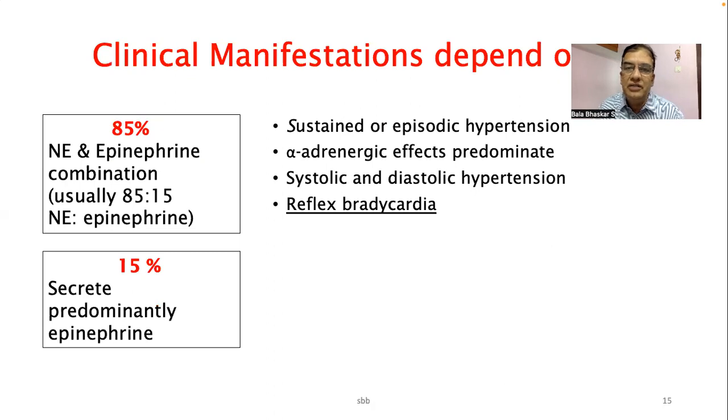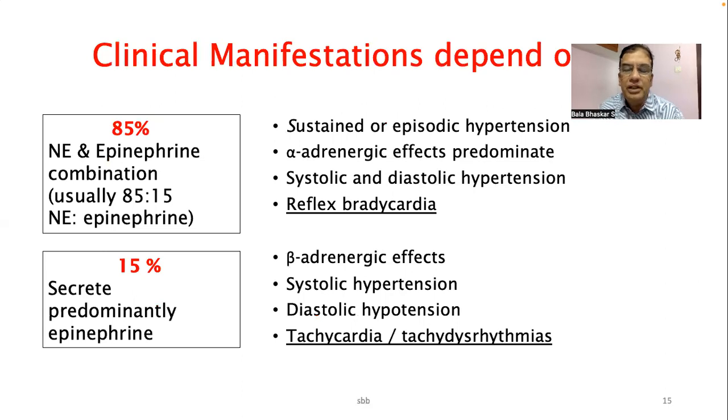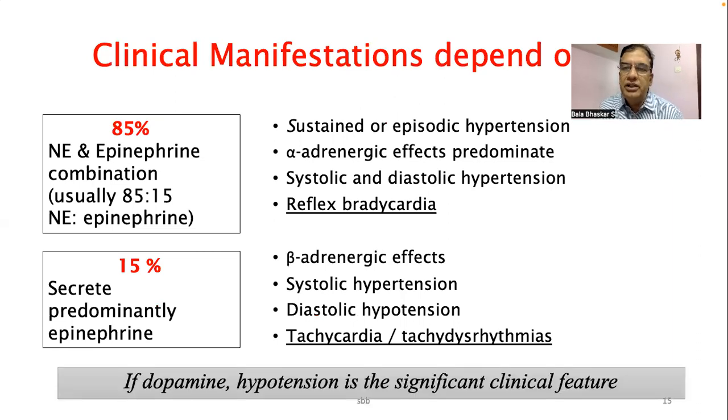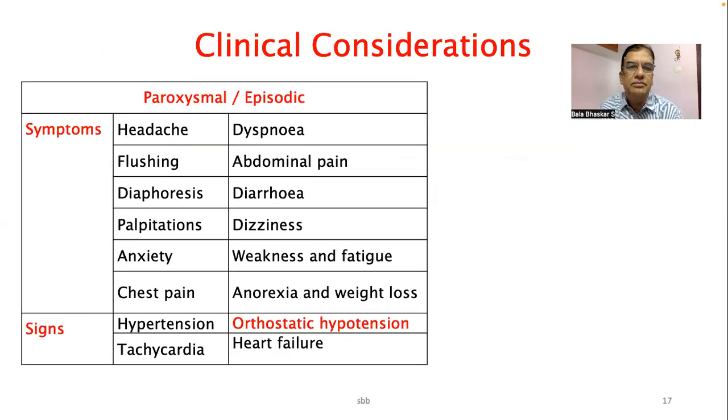Mainly the alpha-adrenergic effects predominate: systolic and diastolic hypertension and reflex bradycardia. When it is predominantly epinephrine, beta-adrenergic effects predominate: systolic hypertension with diastolic hypotension, and, of course, tachycardia and tachyarrhythmias. Unusually, when dopamine is secreted, hypotension would be the significant clinical feature.